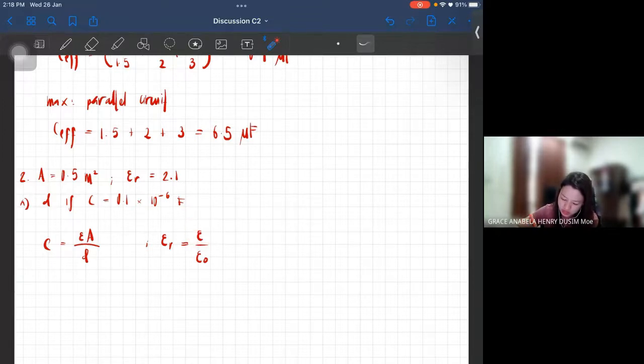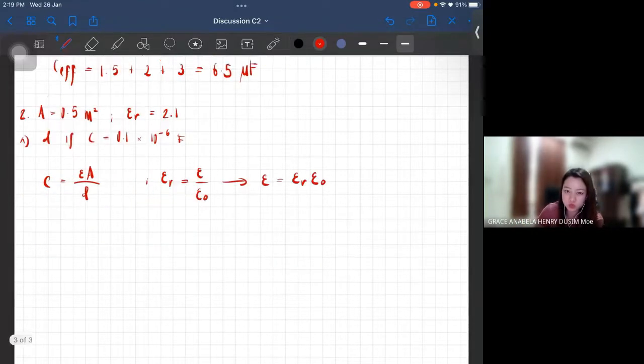This is the permittivity in the presence of a dielectric, and this one is for permittivity of free space. Okay? So, we have to substitute yang ini nih. So, dia jadi epsilon r epsilon naught. Okay?